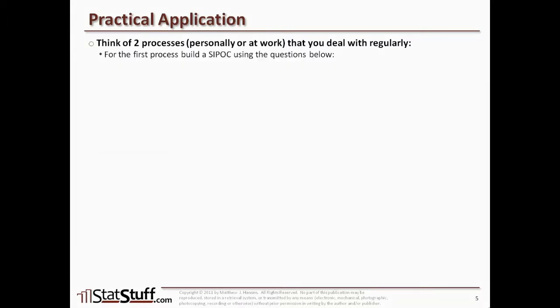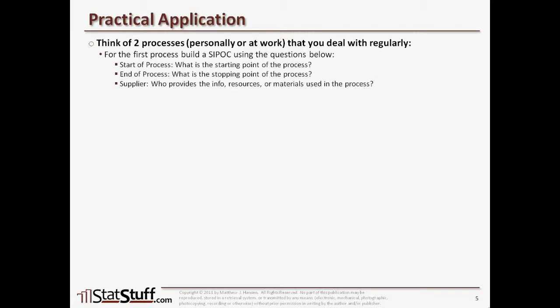Now, for each of those, first start with one process and try to build a SIPOC using some of these questions below. What's the start of the process, that starting point where the process should begin? Then what's the ending point or the stopping point of the process? And then from the supplier perspective, who's providing the information, resources, and materials being used within the process?